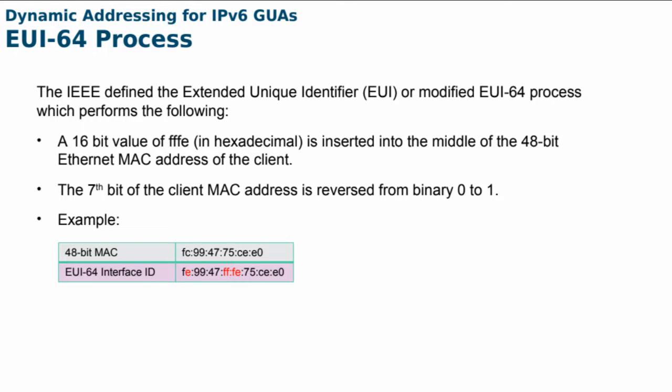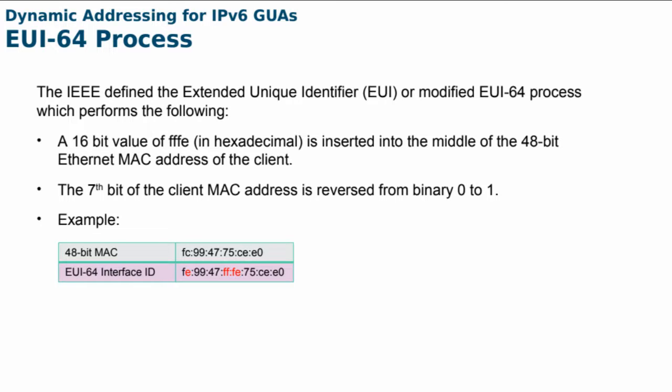A is 10, B is 11, C is 12. That is 0 0 1 1 in binary for the 12. Now if I reverse the 7th bit of the MAC address, this C will become E.